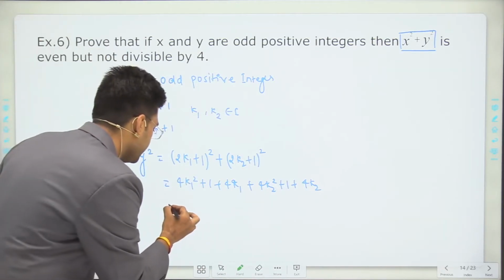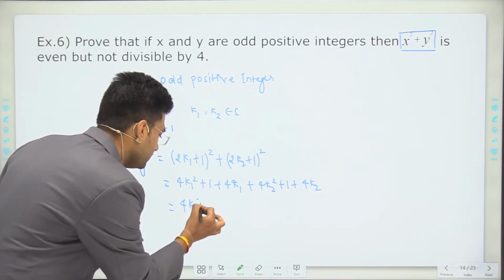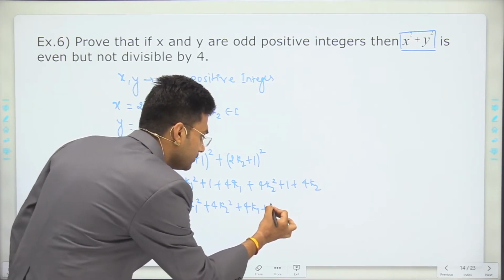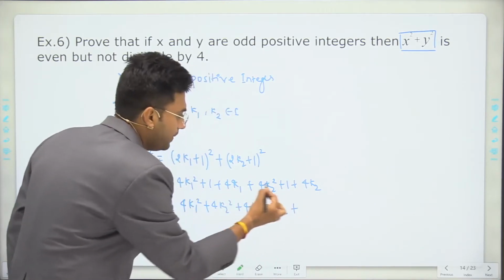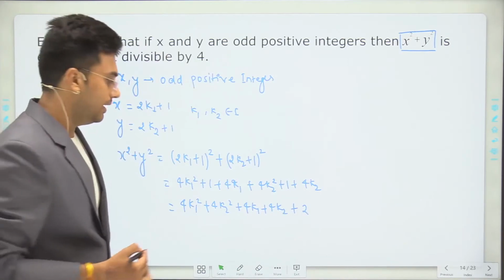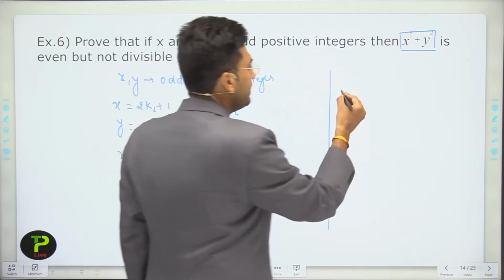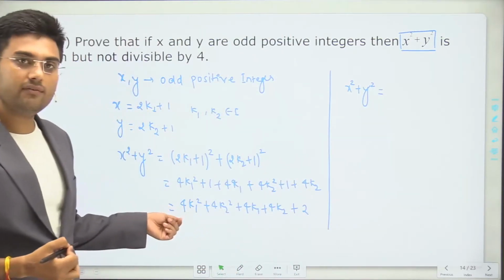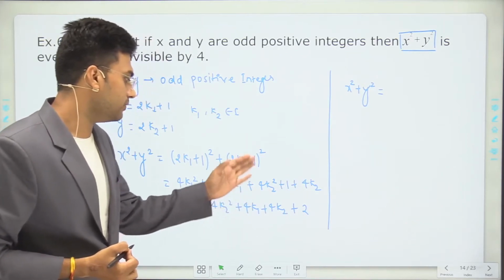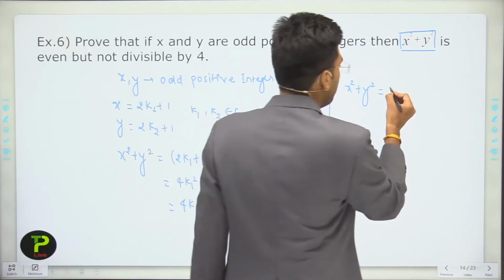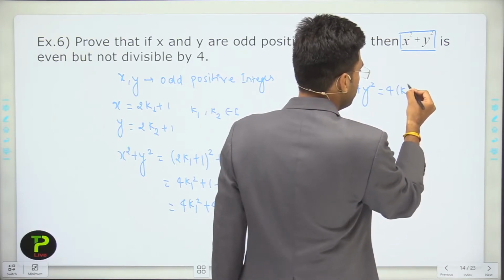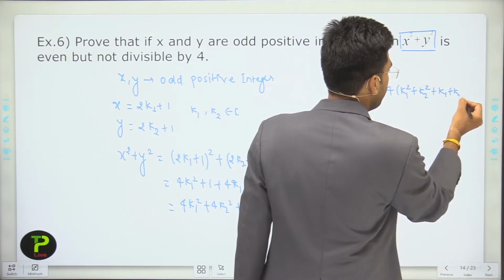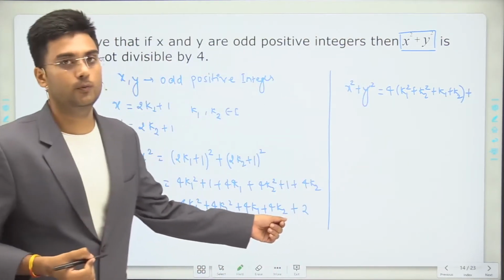Now let's arrange this expression: 4k1 square plus 4k2 square plus 4k1 plus 4k2 plus 2. Now we can take 4 common, so it is equal to 4 multiplied by (k1 square plus k2 square plus k1 plus k2) plus 2.